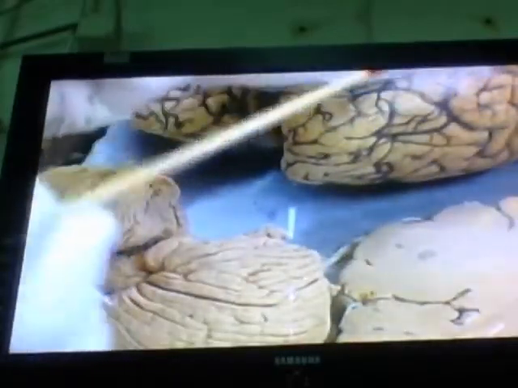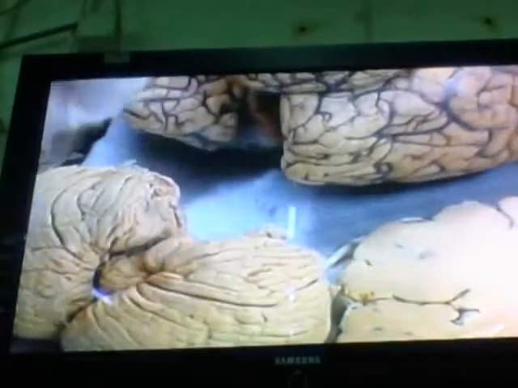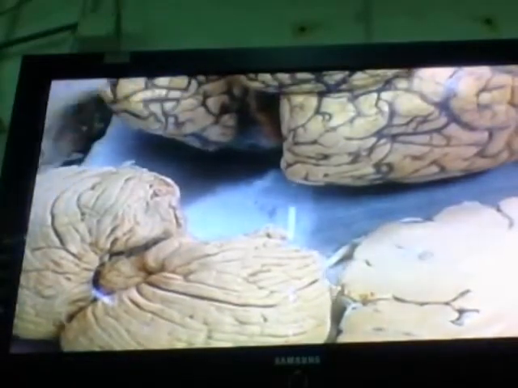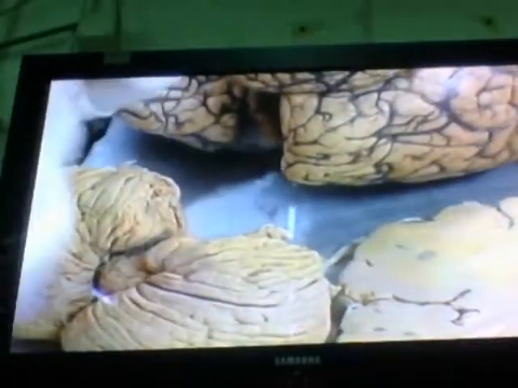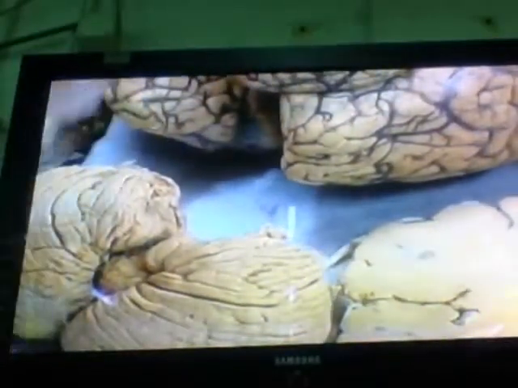The afferents from the spinal cord will be shared between the anterior and posterior spinocerebellar tract. The anterior spinocerebellar tract will pass through the superior cerebellar peduncle and cross the midline, while the posterior spinocerebellar tract will stay on the same side and go through the inferior cerebellar peduncle.